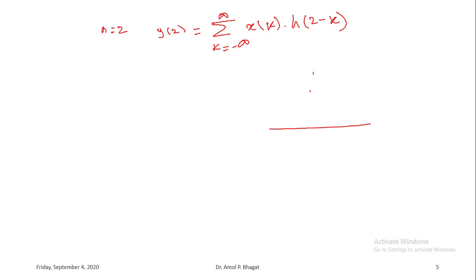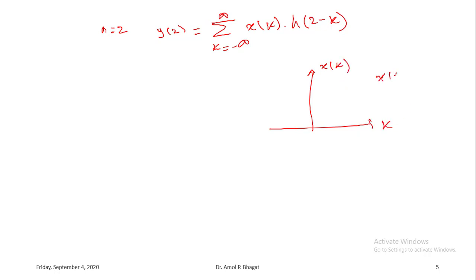Similarly you can identify it for n equals 2, right? So for n equals 2, the formula will be y of 2 equals summation over k equals minus infinity to infinity of x of k into h of 2 minus k. Okay, so again we have this x of k, the same sequence. Here x of k is the given input sequence, right?